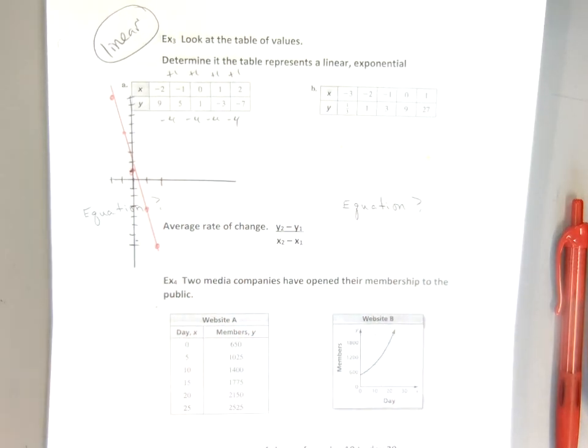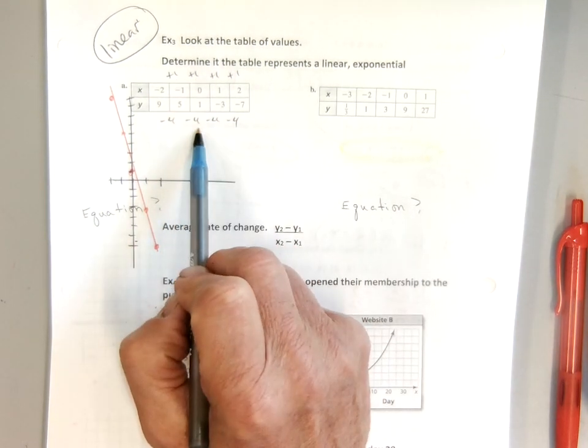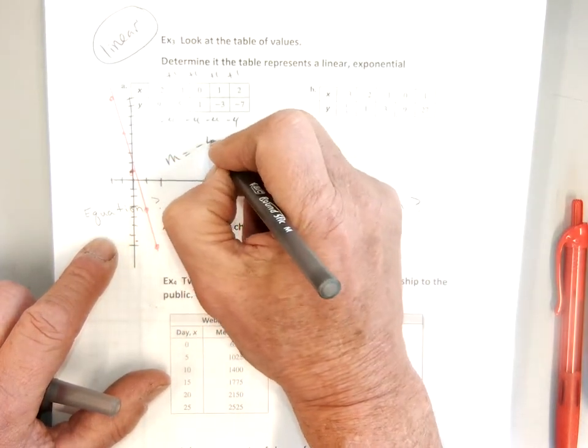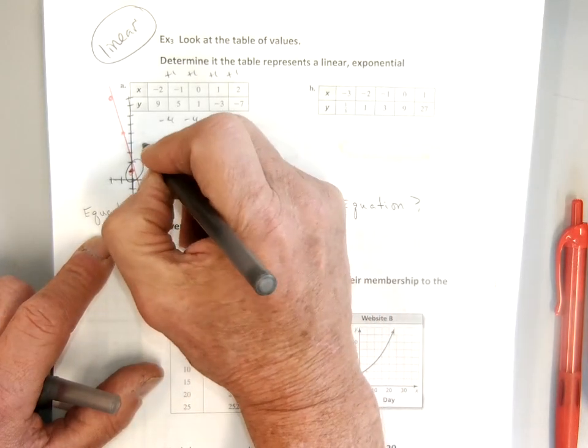So if I look at the chart, it actually gives me my slope. So every time it goes over 1, it goes down 4. It goes over 1, it goes down 4. So I know my slope has to be -4, okay? And my y-intercept has to be +1. There's my b at positive 1.